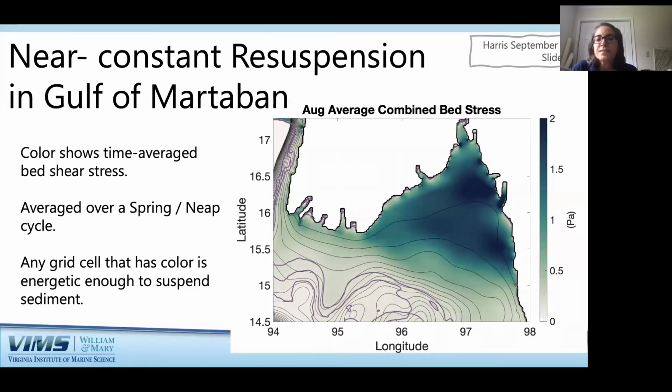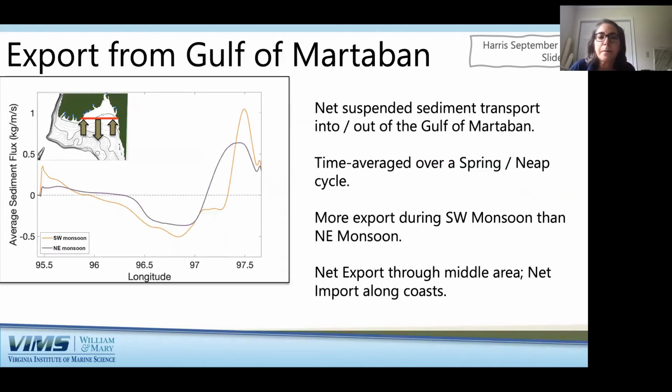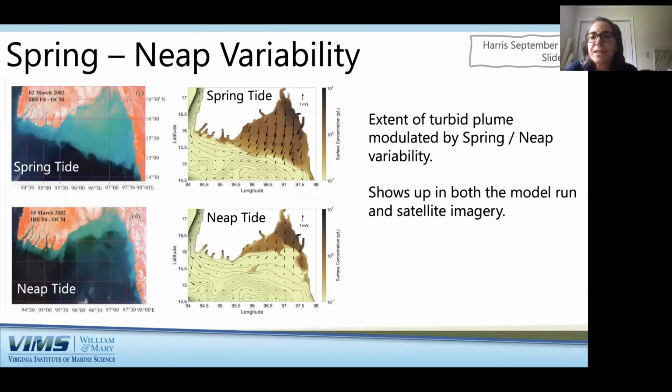And so in summary of that, when we look at the bed shear stresses, we see that conditions are so energetic in the Gulf of Martaban. It's driven by tides, so we don't get a seasonal difference. But when we look at the difference over the spring neap cycle, we do get a big difference.